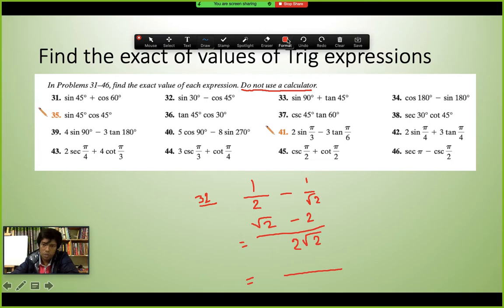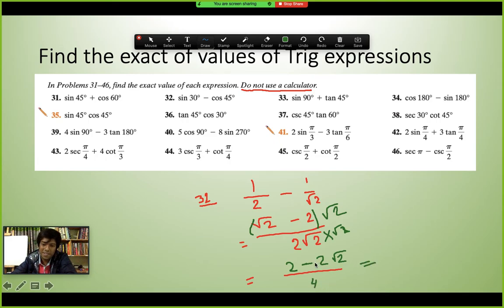If you multiply both up and down by root 2 just to eliminate root 2 from here, root 2 into root 2 means 2, and this side we cannot multiply, so it will remain as it is. This will be 2 root 2, and this is 2 root 2 into root 2, that means root 2 into root 2 means 2, into 2 means 4.